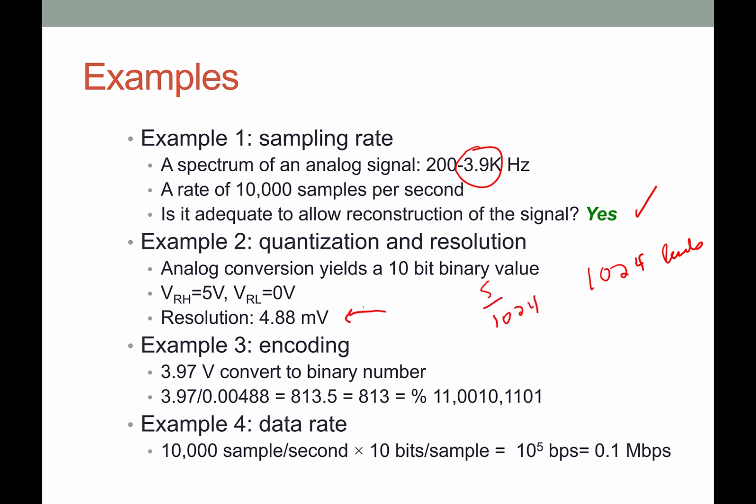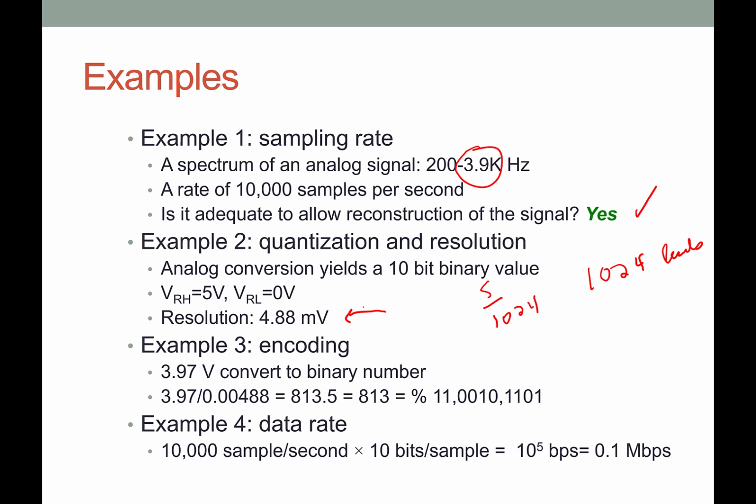It's 4.88 millivolts. So that just shows the resolution that you would have for the analog to digital conversion. That tells you what the difference is going to be for that lowest bit being a 0 or a 1.